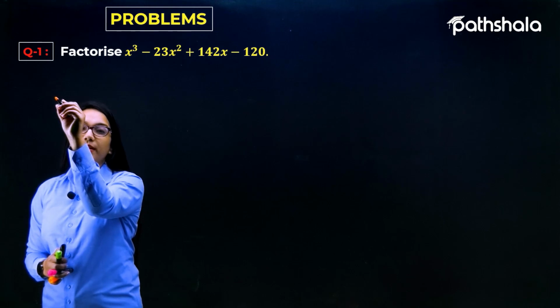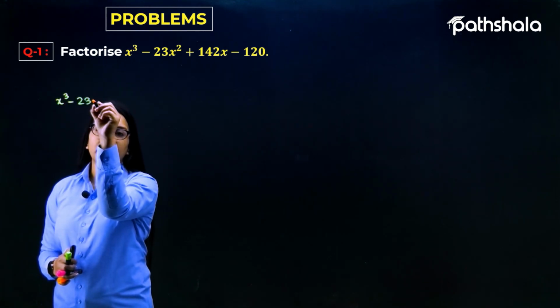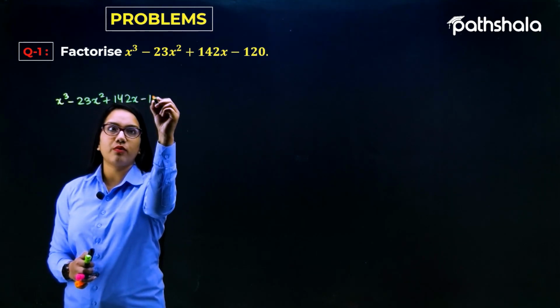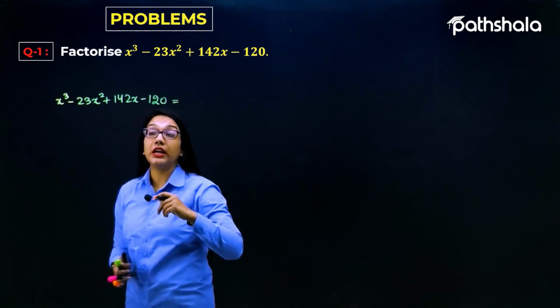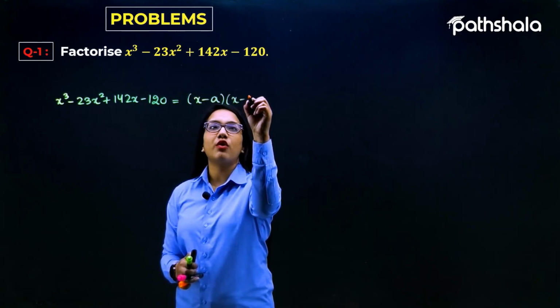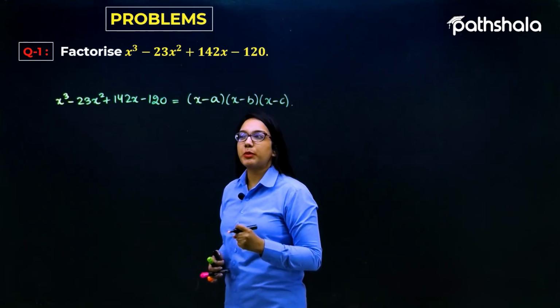As we can see, we can write this polynomial x cube minus 23 x square plus 142 x minus 120 in the way as (x minus a)(x minus b)(x minus c). Let us suppose we write it in this particular formation.